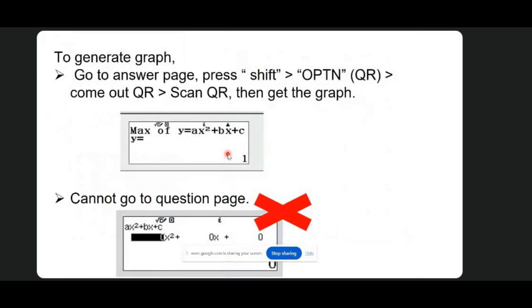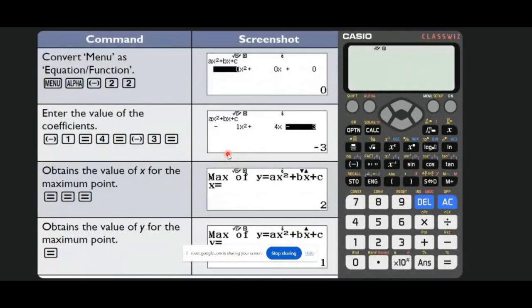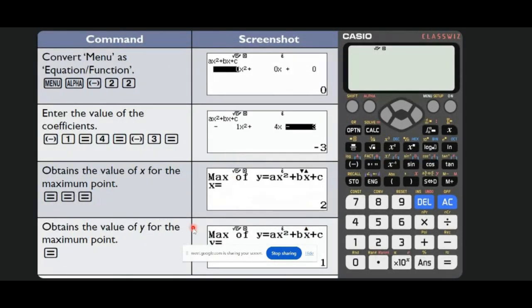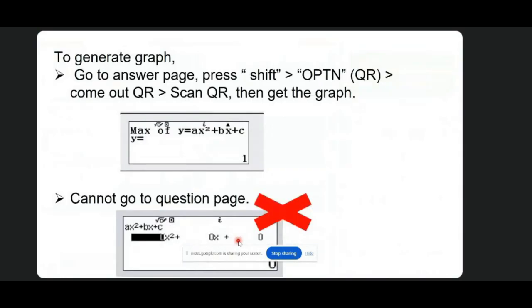Okay. So how to generate the graph using this calculator? When we are at the last answer page of our calculator, we press shift, then OPTN. OPTN is exactly below shift, because we need to generate the QR code. So you can press shift OPTN, and the QR code will come up.